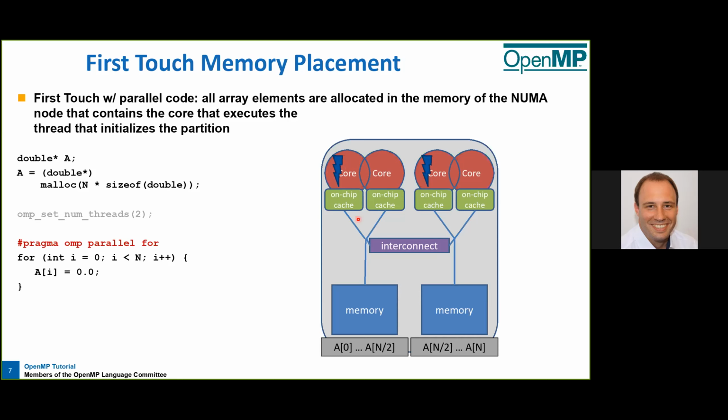The core over here has a higher bandwidth and lower latency to the memory over here than if it has to access memory via the interconnect that's located over there. So the memory access performance is not uniform, and this is why we have to deal with non-uniform memory access behavior. If we want to optimize performance, we have to spread the data over the memory partitions in our node in order to enable the system to give us a higher aggregated memory bandwidth.